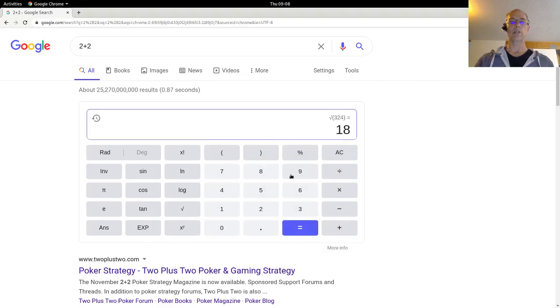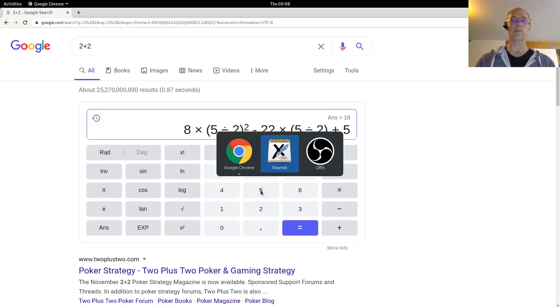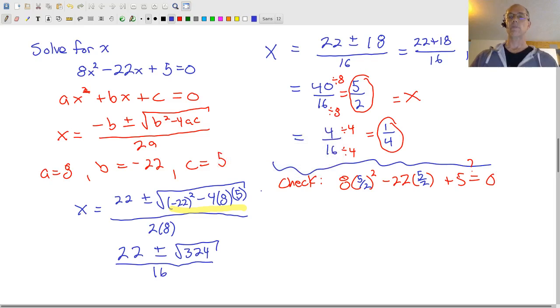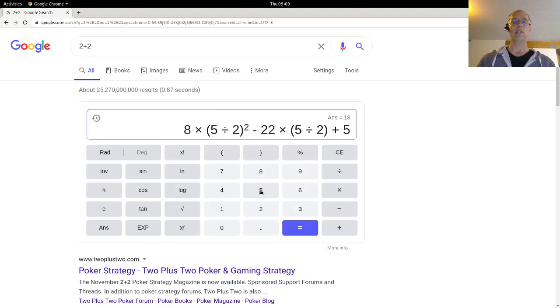All right, calculator, we've got 8 times parentheses, 5 divided by 2, squared, minus 22 times parentheses, 5 divided by 2. So I'm just typing exactly as I see it. And then we have plus 5. 8 times 5 halves squared minus 22 times 5 halves plus 5 equals 0, which is what I was hoping it would be.